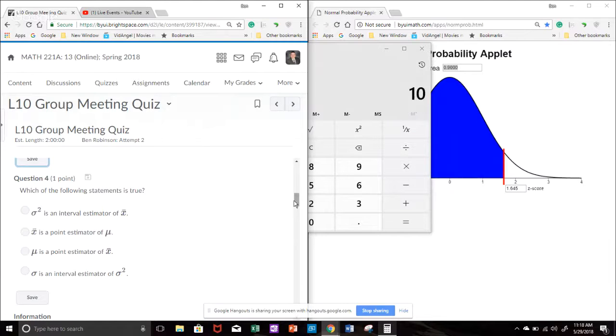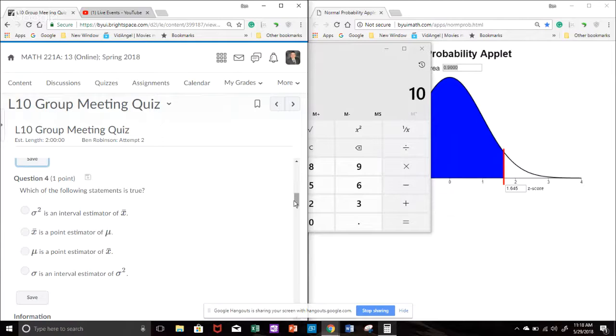The next one says, which of the following statements is true? The standard deviation squared is an interval estimator of sample means. Sample mean is a point estimator of mu. Mu is a point estimator of sample means.